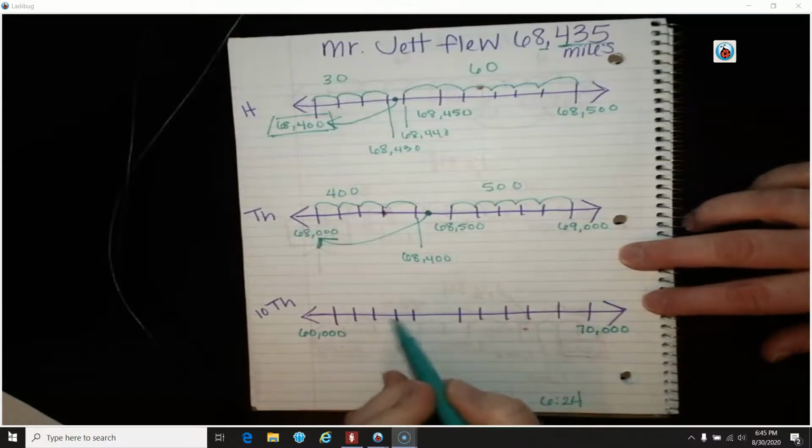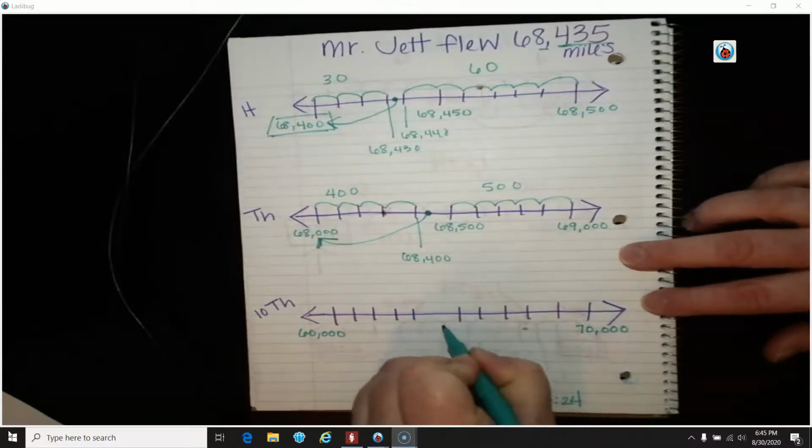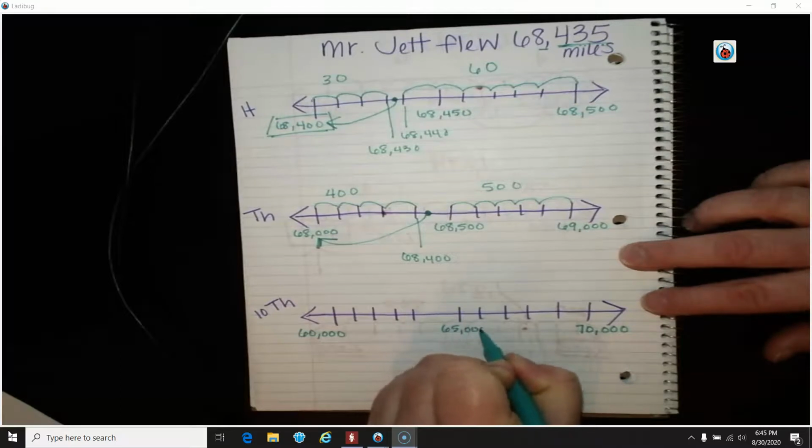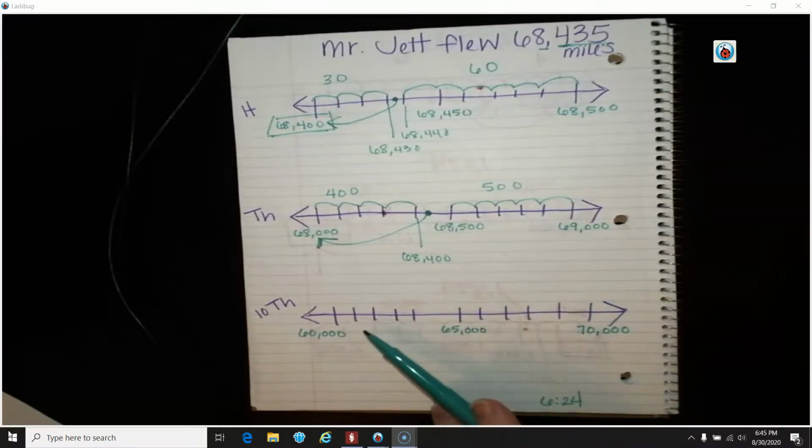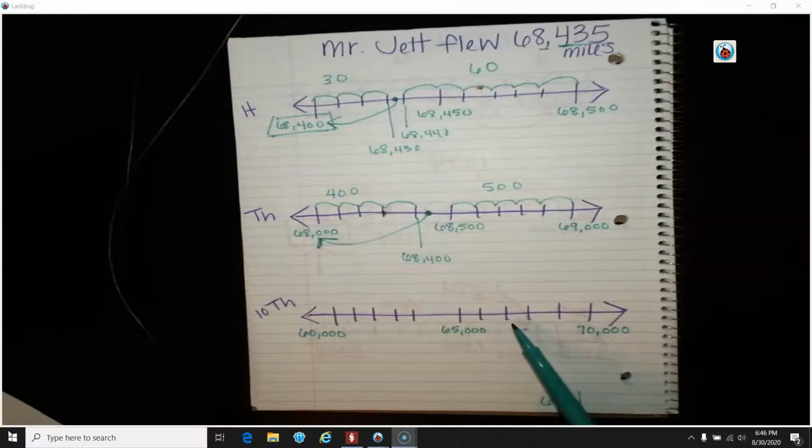Okay? 1, 2, 3, 4, 5. So in the middle we would have 65,000. And each spot on the number line would be a jump of 1,000 units. So 61,000, 62,000, 63,000, 64,000, 65,000, 66,000, 67,000, 68,000, 69,000, and 70,000.